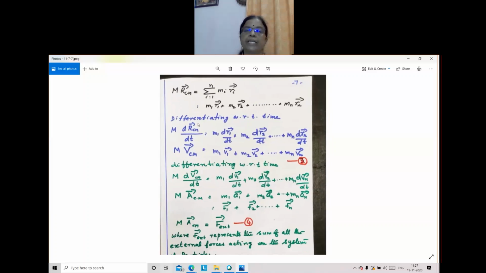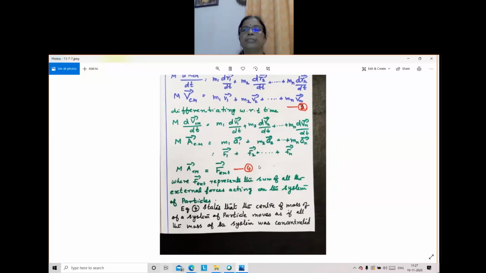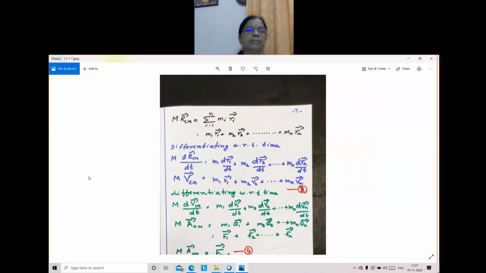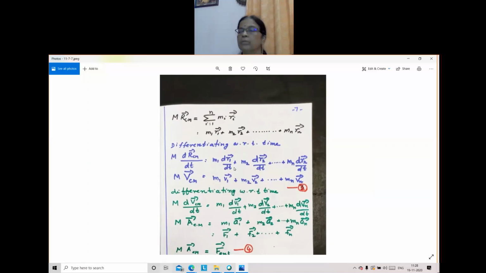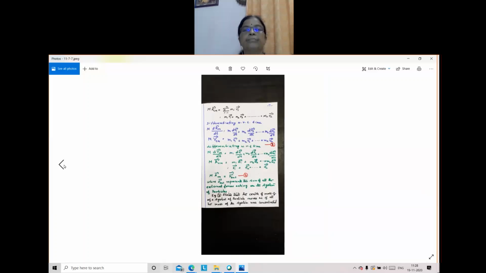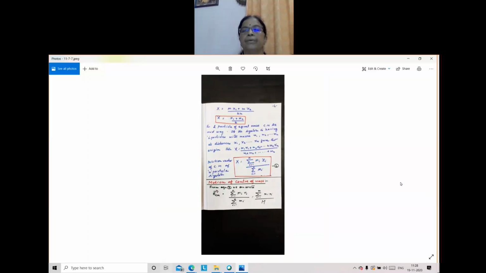So when we study the motion of a body, first position vector, then velocity vector. Where is the velocity vector? We see that later.